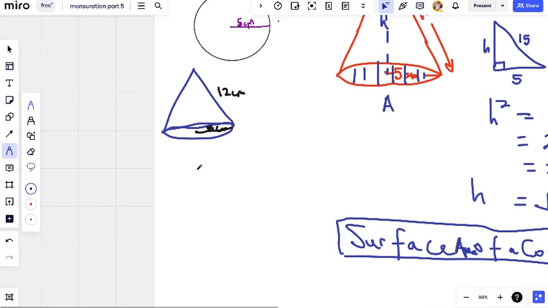And then we have a sector that was used to make this cone that looks like this. And this is the angle of the sector, phi. And here is also 12.